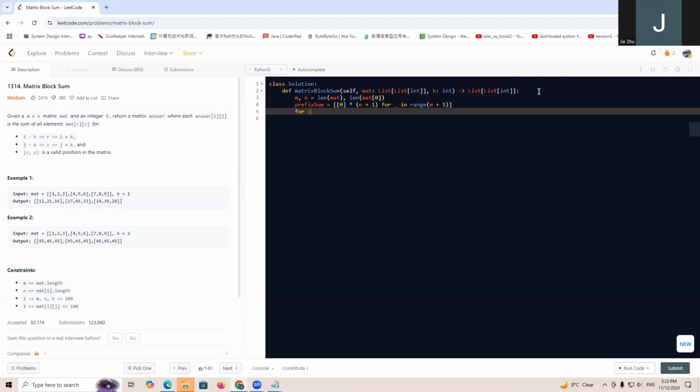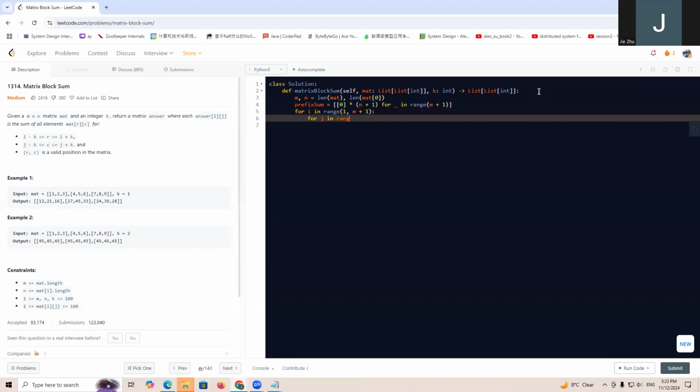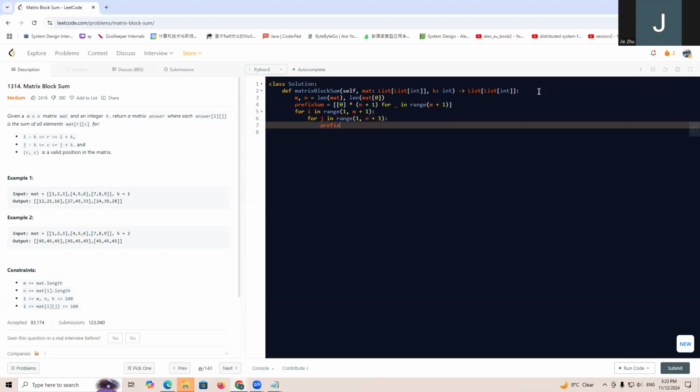Then for i in range from 1 to m plus 1, for j in range 1 to n plus 1, prefix sum i j equals prefix sum i minus 1 j plus prefix sum i j minus 1.